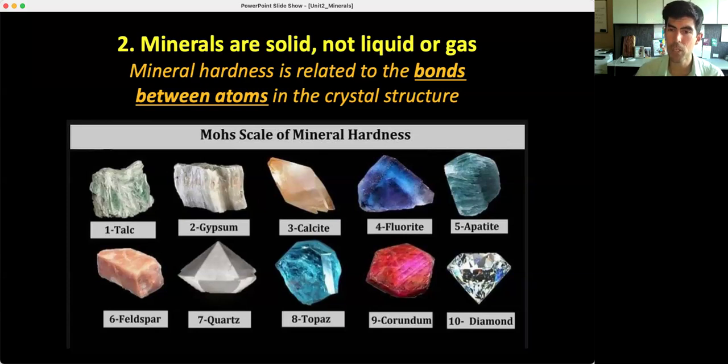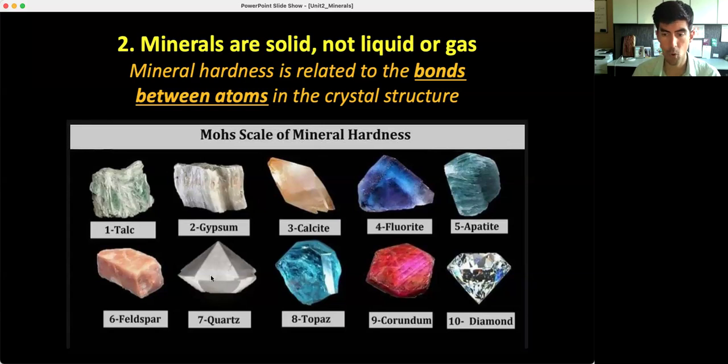To measure this, we use the Mohs hardness scale, which is a ranking of different minerals by their increasing level of hardness. Many of you have heard that diamond is the hardest mineral. It is definitely at the top of the scale, so it receives a 10. Everything below the 10 would be capable of being scratched by the diamond.